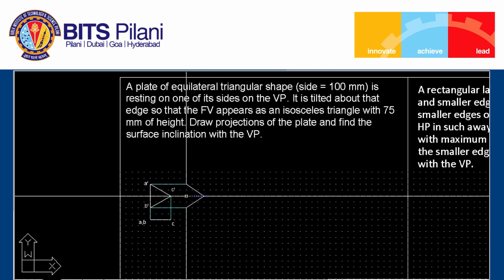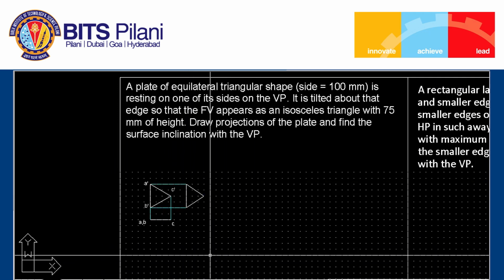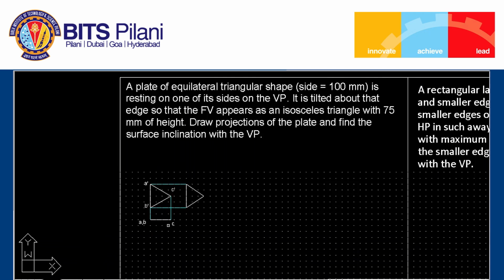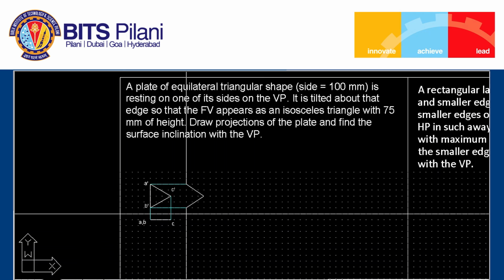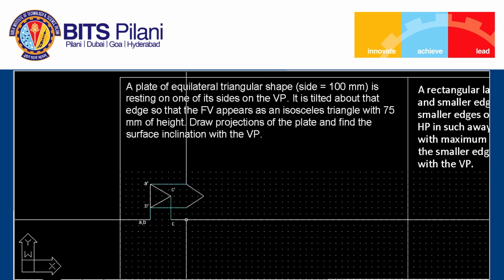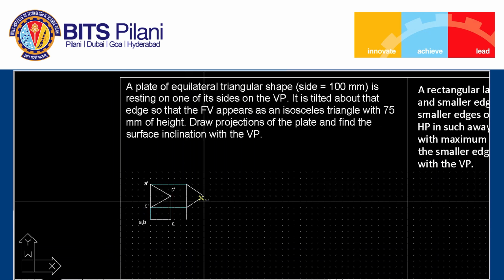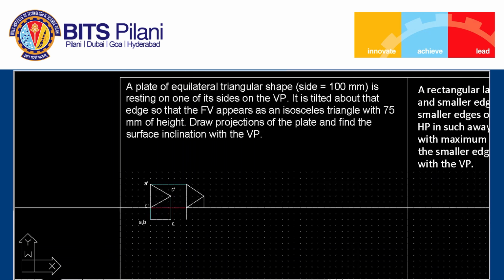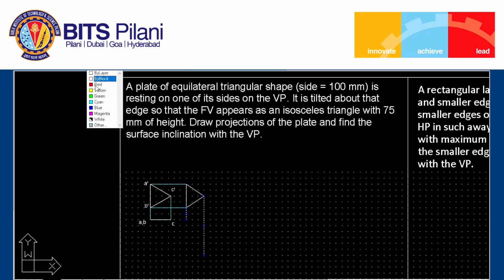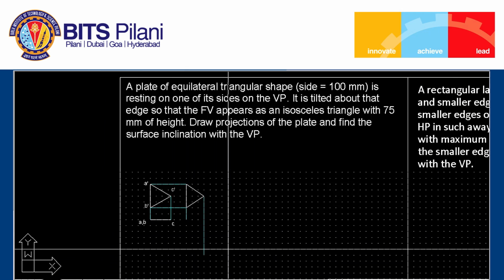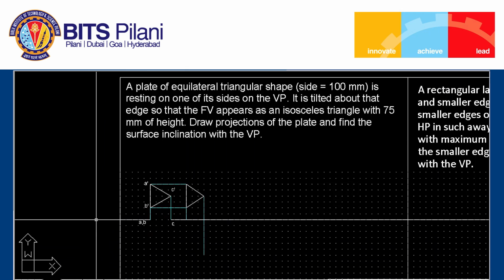So this is the front view of the plate, and the top view will be nothing but a line view, but at an inclination. So we have to fit the top view length, this length AC, in between the point A and the projector passing through point C. I will again name the points.